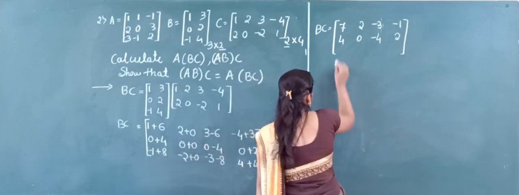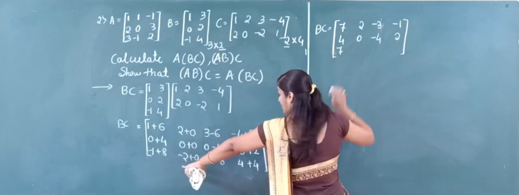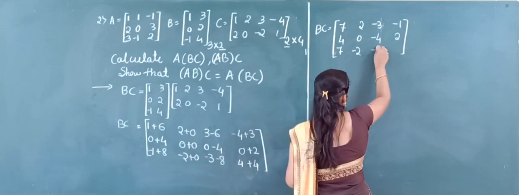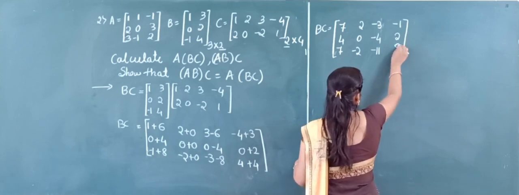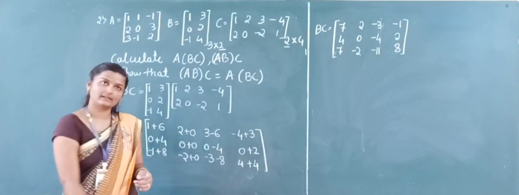Minus 1 plus 8, that is 7; minus 2 plus 0, minus 2; minus 3 minus 8, minus 11; 4 plus 4, 8. This is our BC matrix. So we have found BC.